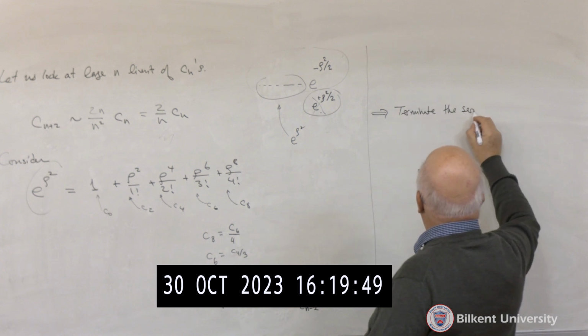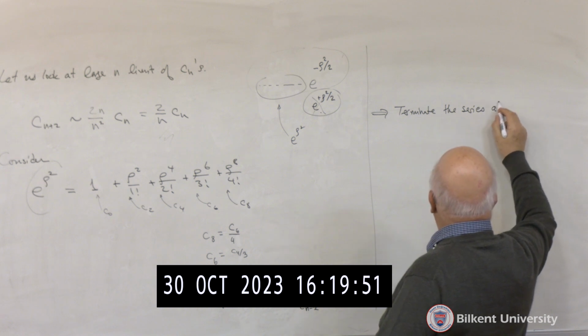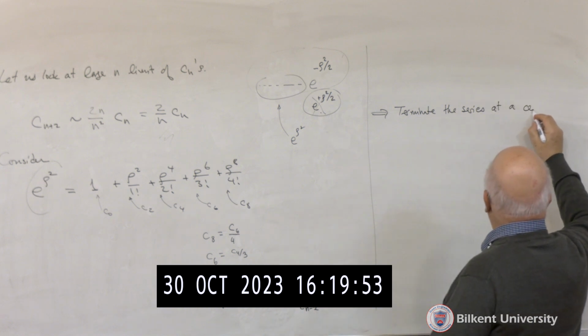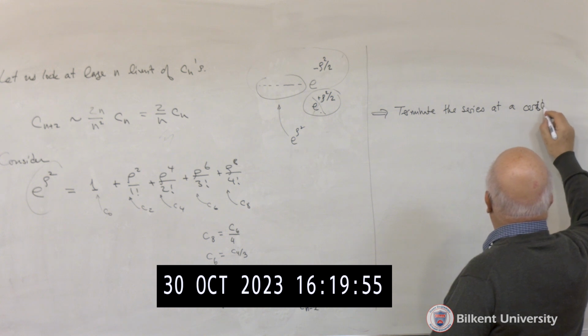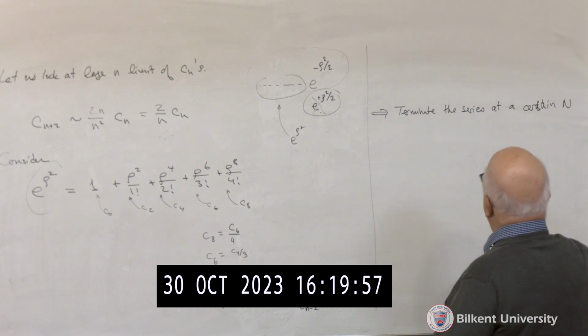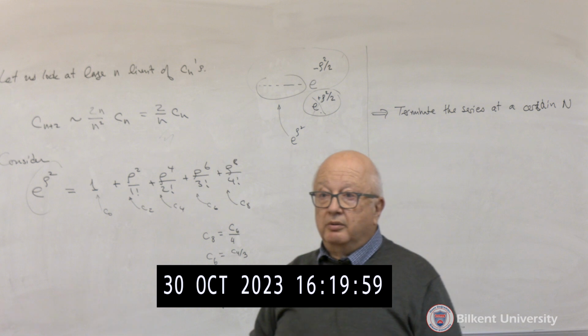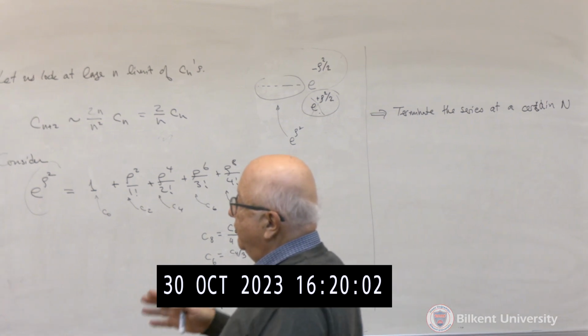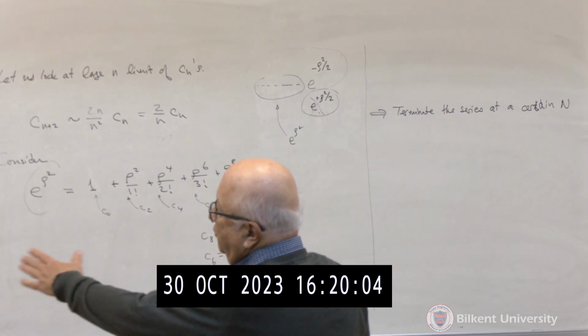the series at a certain n. So when the series reaches a certain value n, we stop it. How do we do this?